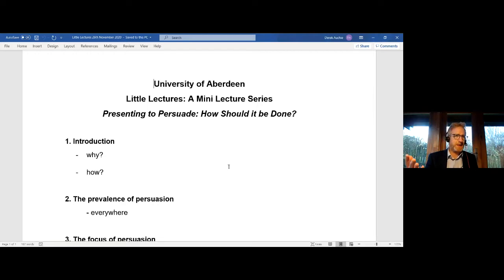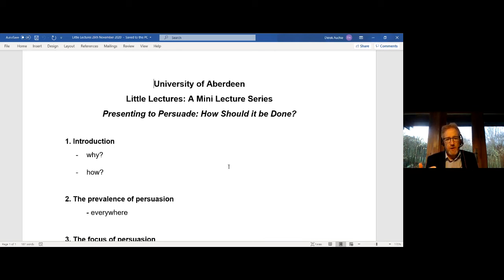So it might be to give you something you want, to make a decision in your favor. It might be to let you have authority for something. Whatever it happens to be, whether it's in court or in another environment, often when we present, we are presenting in order to try and persuade. And so that got me thinking about the links between these different things, and that's what brought me to speak to you today.